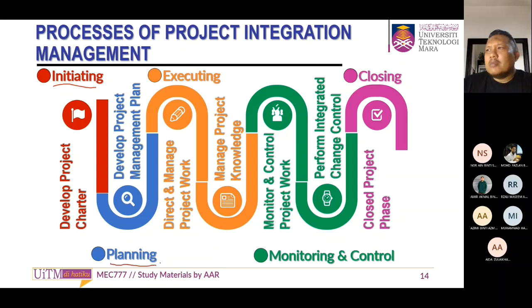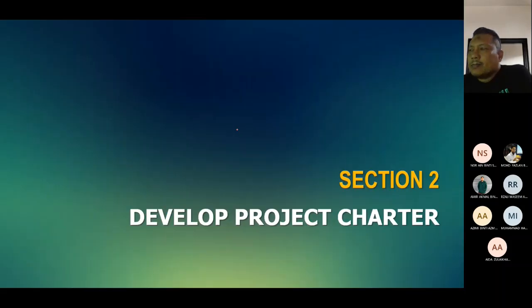After that, planning in blue, orange is executing, green is monitoring and controlling, and purple is for the closing phase, closing projects. Okay, initiating, planning, executing, monitoring and controlling, and closing. So it completes the 5 process groups in project integration management.